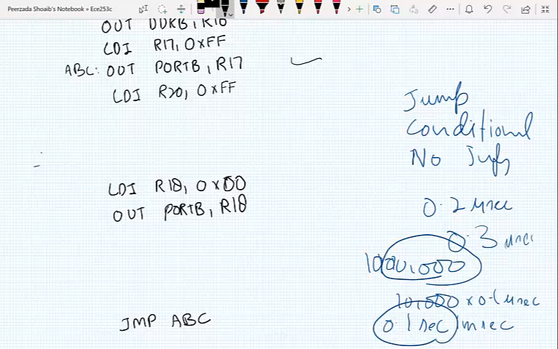Then for example, I will write NOP, no operation, and then decrement R20. Then BRNE, branch if not equal to 0, that means branch if the zero flag is not set. We have used the label ABC, so we use some other label, maybe XYZ, so it will jump here.